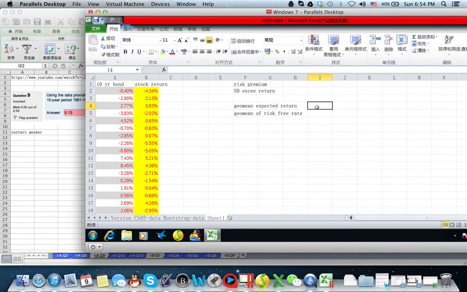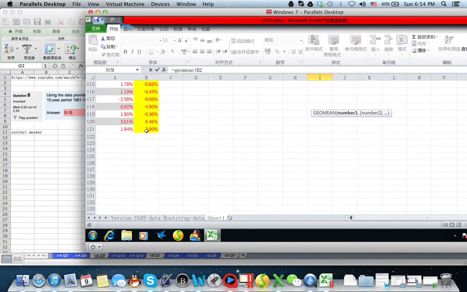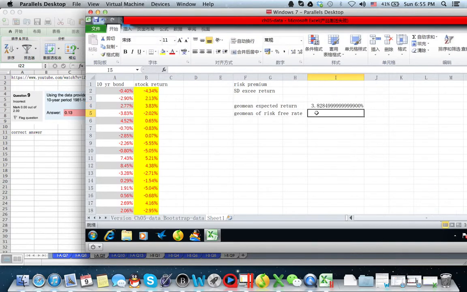So, to calculate the geometric mean of expected return, we use the Excel function GEOMEAN. And then we select the stock return. And we add 1 because we have some negative data in the data set, and Excel does not allow us to calculate the geometric mean with negative data, so we add 1 to make it all positive, and then we subtract 1 to reverse the effect.